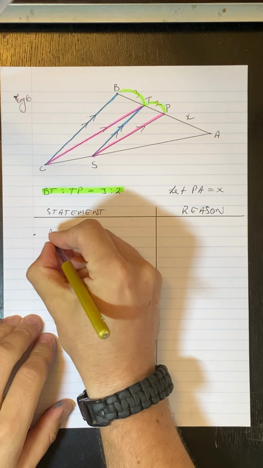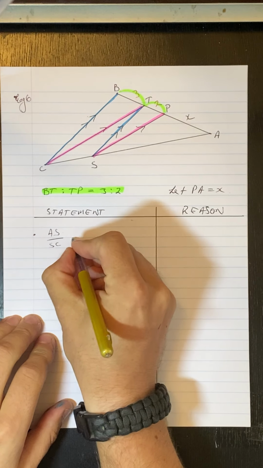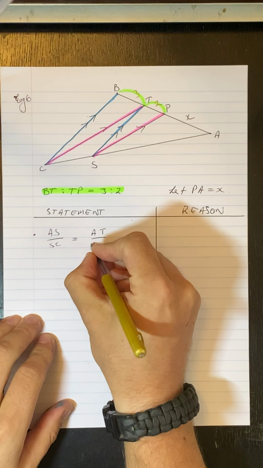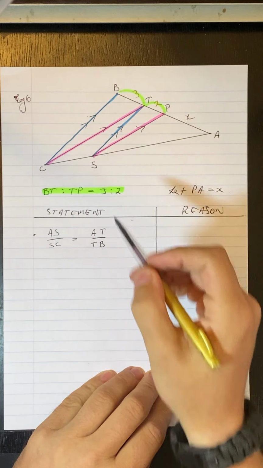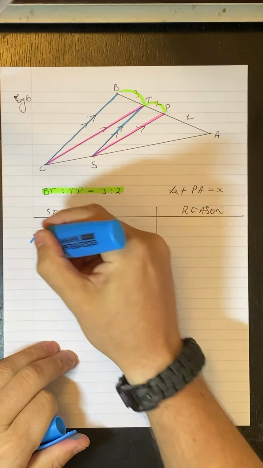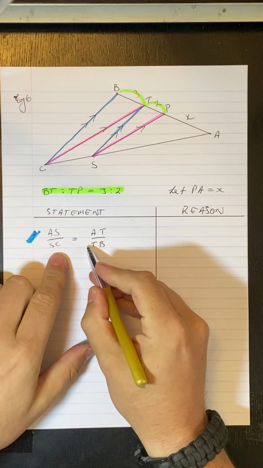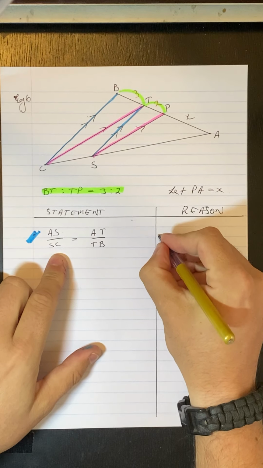So we're going to have AS to SC is equal to AT to TB. So I'm using the blue parallel lines. Now the reason why I said this is we have a line parallel to one side of the triangle.